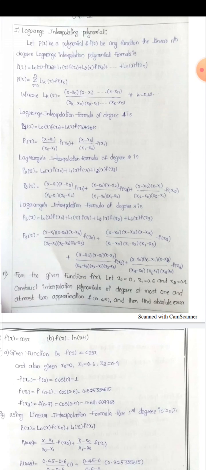P3 of x is equal to L0, (x minus x1) into (x minus x2) into (x minus x3) by (x0 minus x1) into (x0 minus x2) into (x0 minus x3) f of x0 plus L1, (x minus x0) into (x minus x2) into (x minus x3) by (x1 minus x0) into (x1 minus x2) into (x1 minus x3) f of x1 plus L2, (x minus x0) into (x minus x1) into (x minus x3) by (x2 minus x0) into (x2 minus x1) into (x2 minus x3) f of x2 plus L3, (x minus x0) into (x minus x1) into (x minus x2) by (x3 minus x0) into (x3 minus x1) into (x3 minus x2) f of x3.